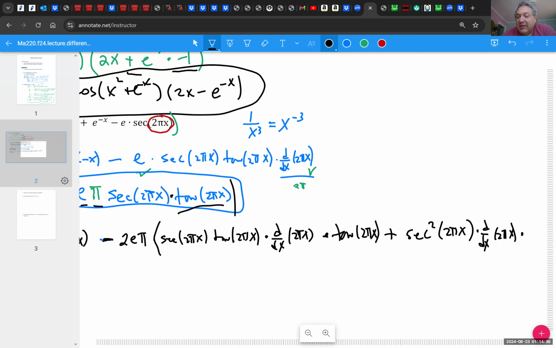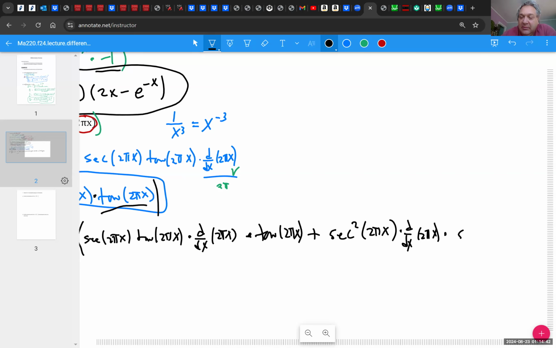And then we'll multiply by the first part of the function, which is secant 2 pi x, and that would be our product rule. Oh, oops. Yes, the derivative of the second times the first. I almost lost it there.